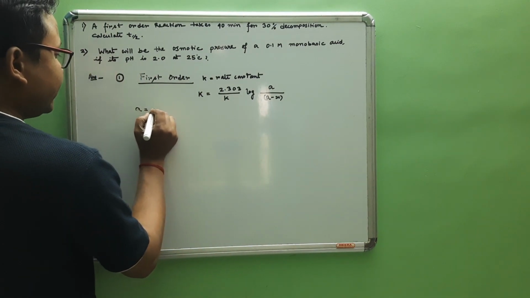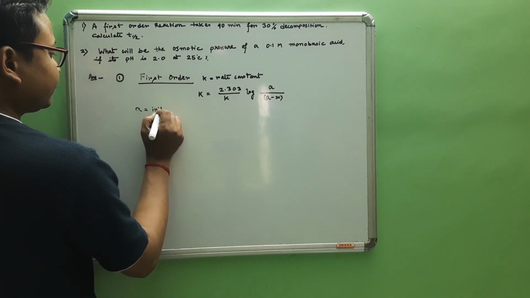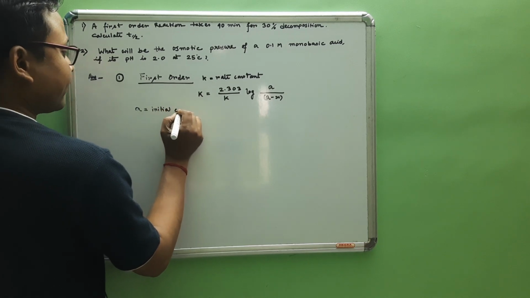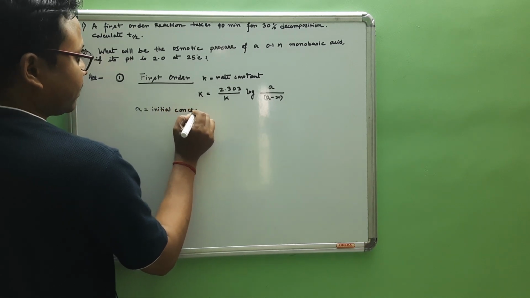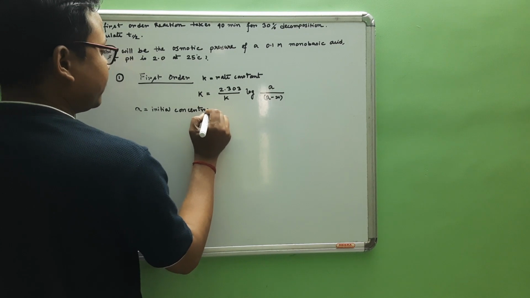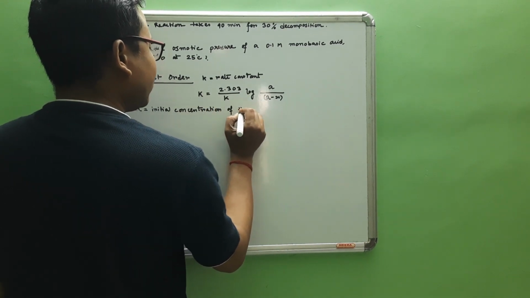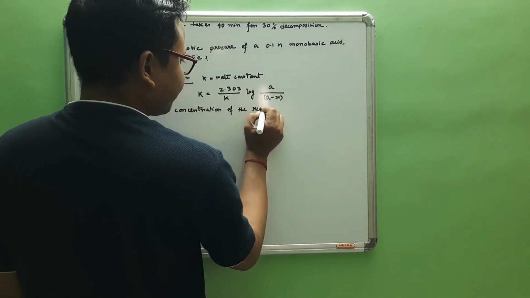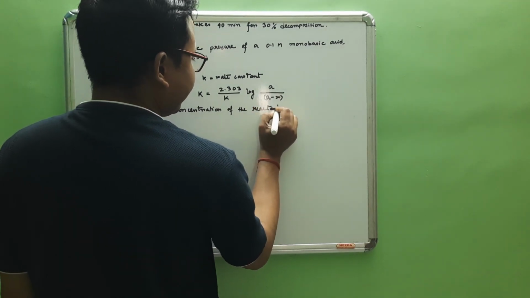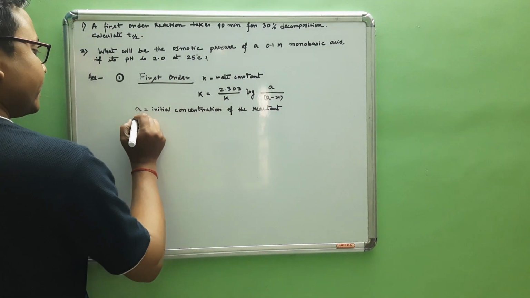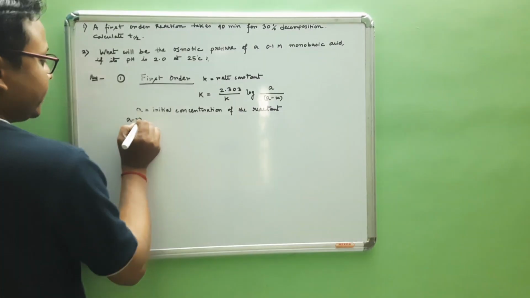A is the initial concentration of the reactant. This is the A. And what is A minus x?